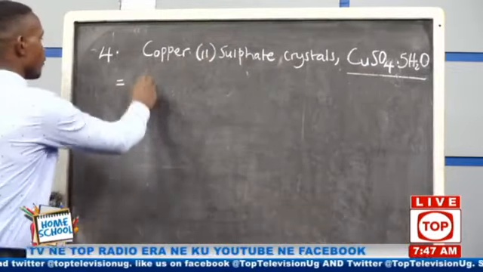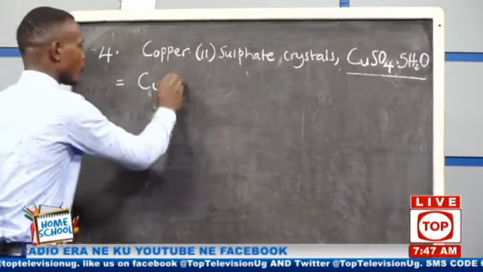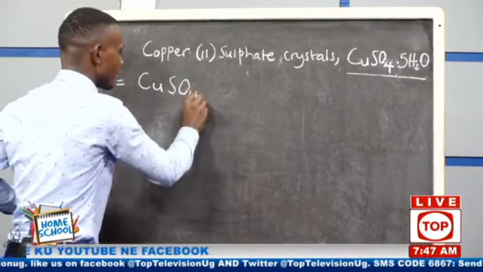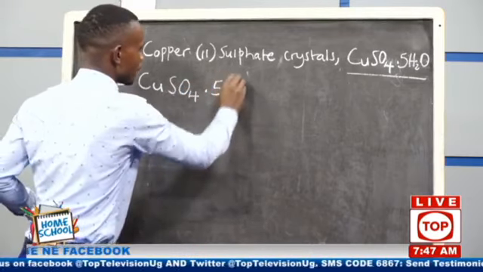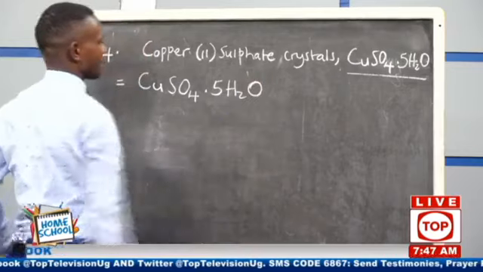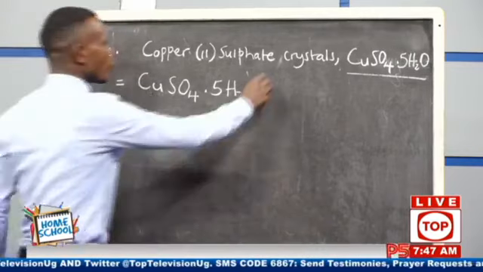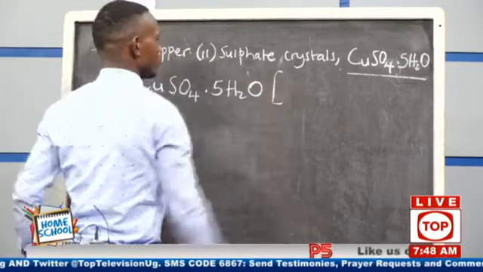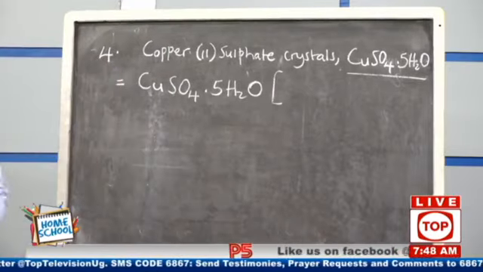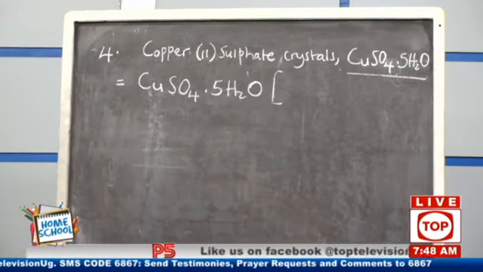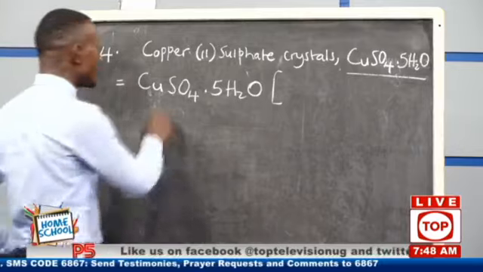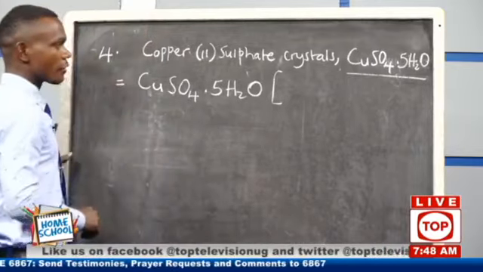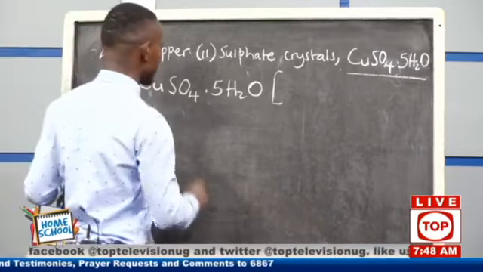So we said we first write the chemical formula here. After writing it, we go to our periodic table and we pick the relative atomic masses of these elements present.